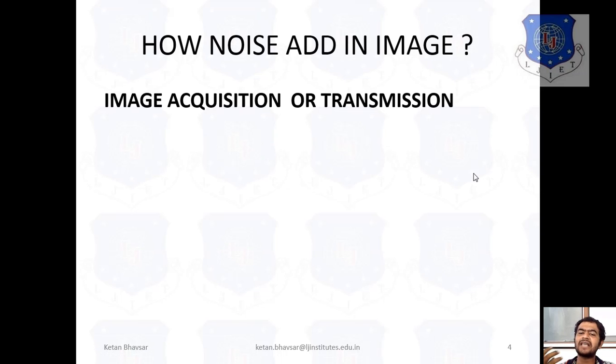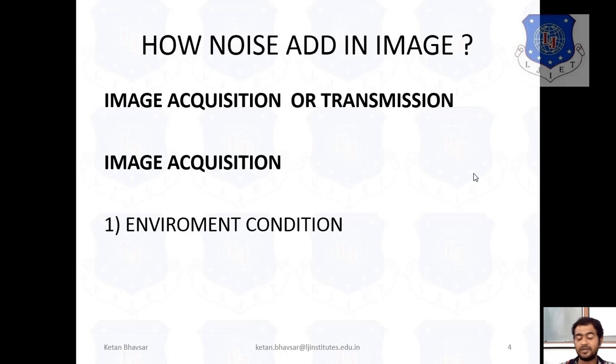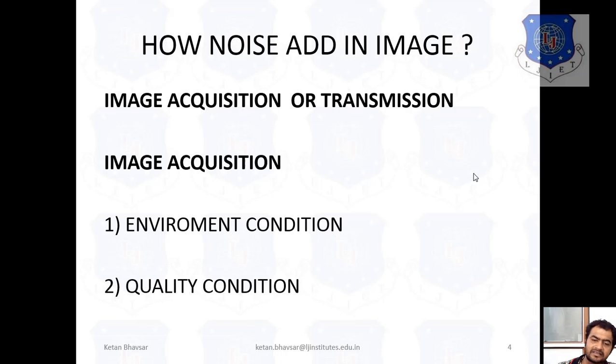So how is noise added in an image? During image acquisition or transmission, when you capture the image or when you transmit the image. During image acquisition, noise comes from environmental conditions, the quality of a particular sensor, or human error.